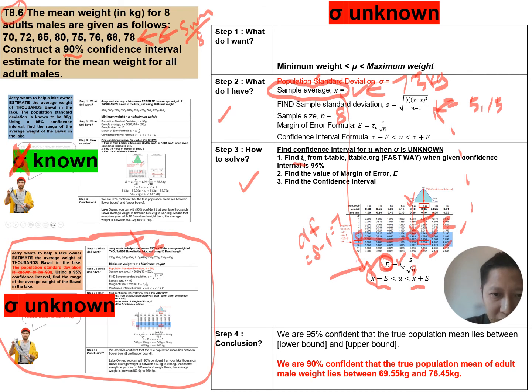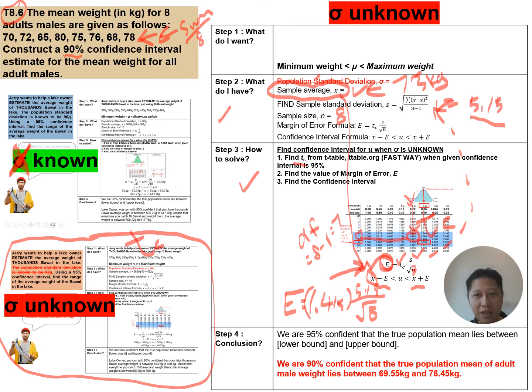Okay, finally, the E will equal TC, which is 0.415, times the S, 5.15, divided by square root of n, where n is 8.